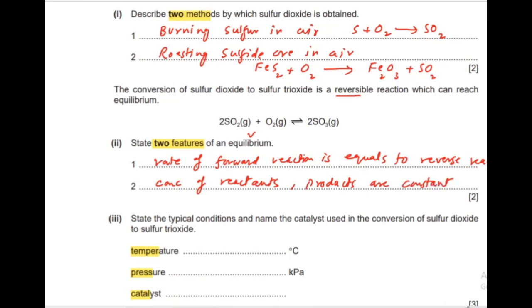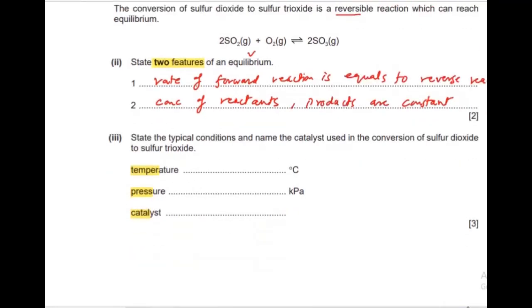Now, there are some typical conditions used to get sulfur trioxide, which is then followed to get sulfuric acid. The temperature must be 450 degrees Celsius. The pressure is 1 to 2 atmospheres, or in kPa, 100 to 200 kPa.